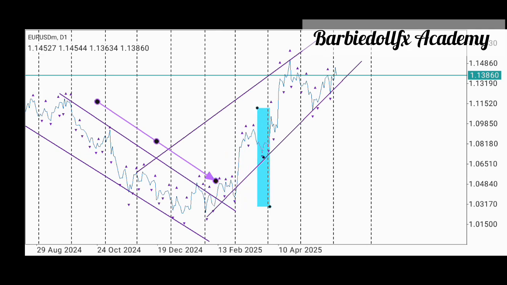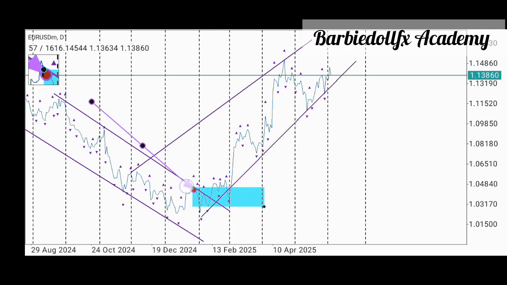And as you're looking for your buying opportunity, we have so many confluences that we add to make this a perfect work. So this is what we mean by chart pattern.